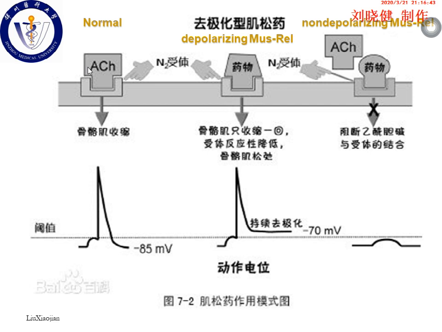So it can be inactivated rapidly. But these depolarizing muscular relaxants are more resistant to degradation by acetylcholinesterase, and can induce more persistent depolarization on the muscular fibers.